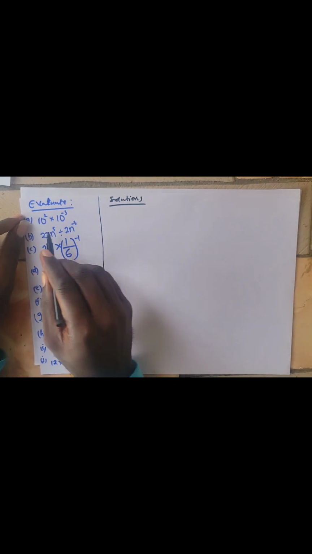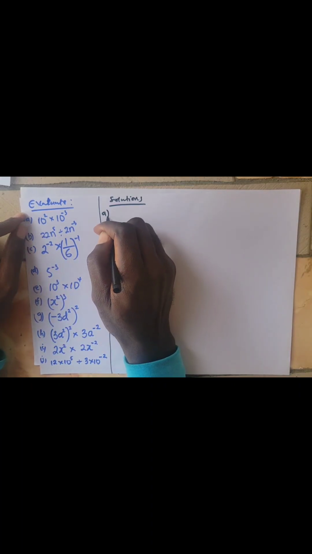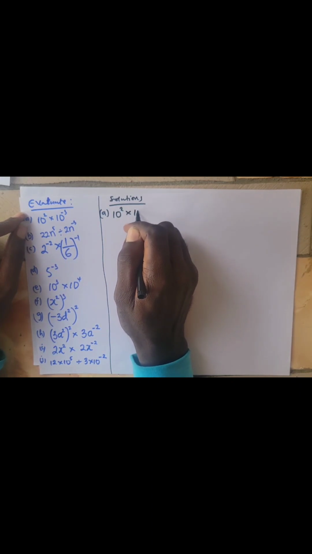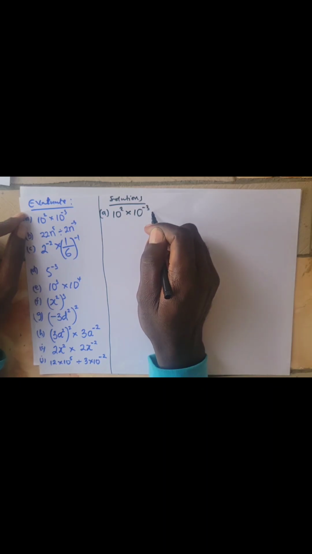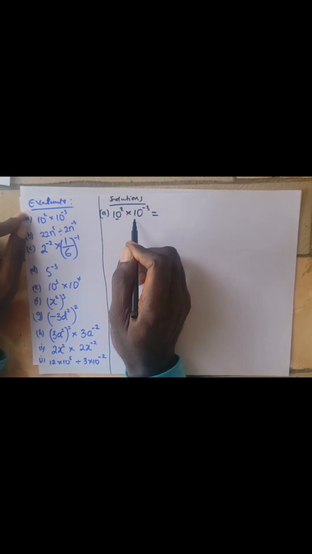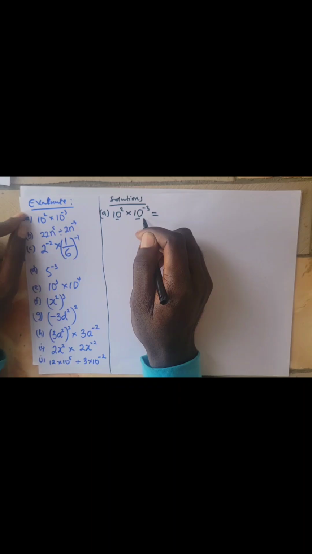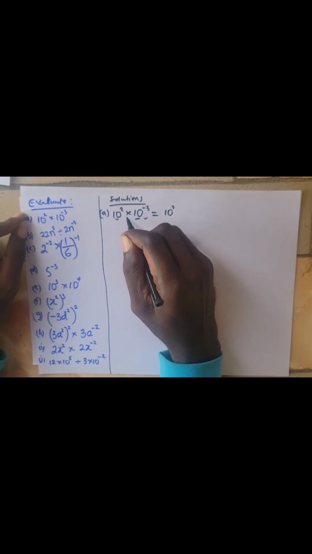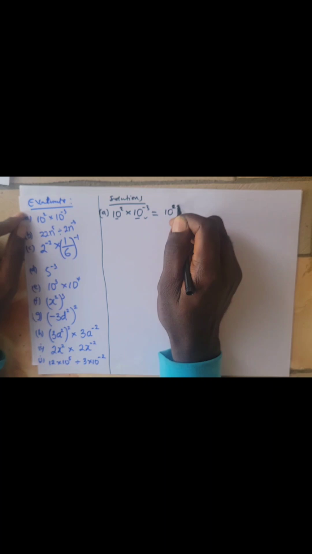Now, we have the first one, A, 10 raised to the power 2 times 10 raised to the power minus 3. This is equal to, because they have the same base, the law is valid. You have 10 raised to the power 2 times plus minus 3.